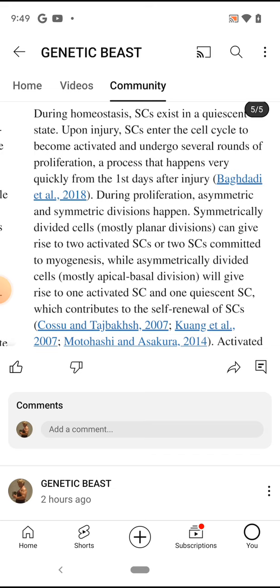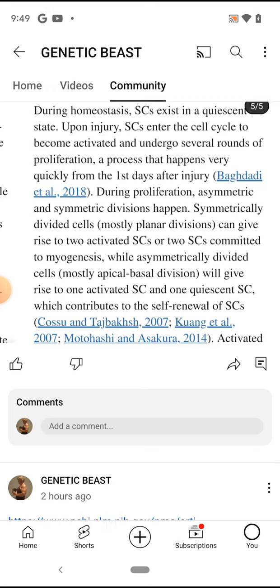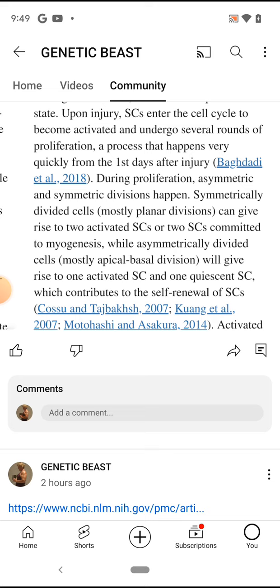And so, yeah, they tell you again, okay, it's in a quiescent state. Upon injury, SCs enter the cell cycle to become activated and undergo several rounds of proliferation, a process that happens very quickly from the first day after injury. During proliferation, symmetric divisions happen.